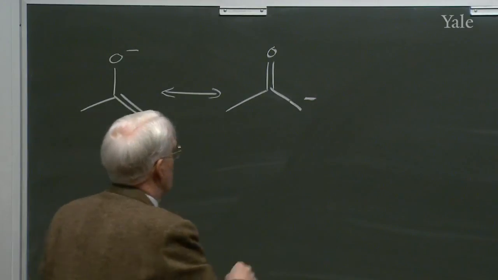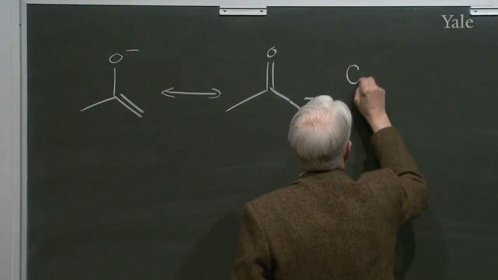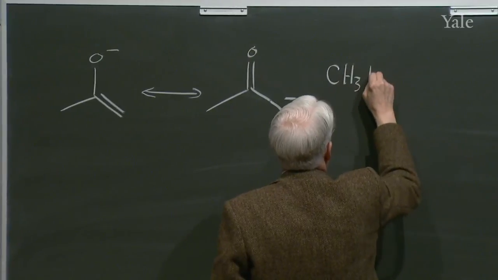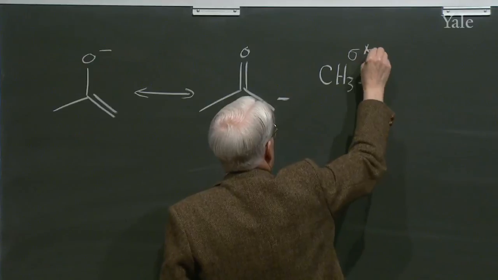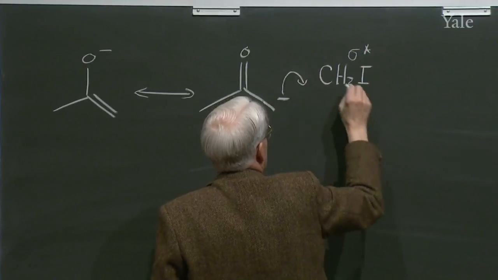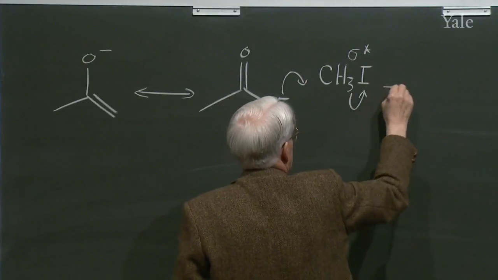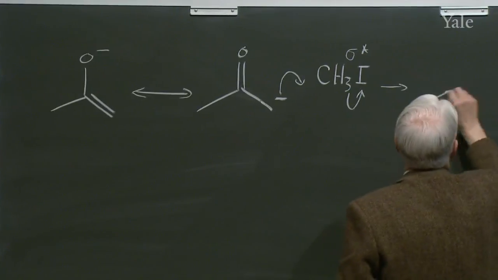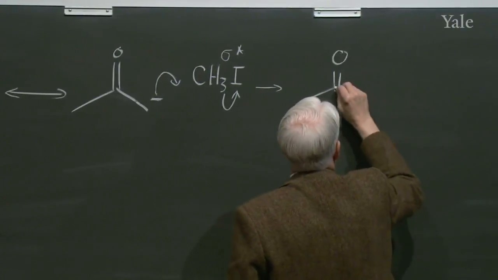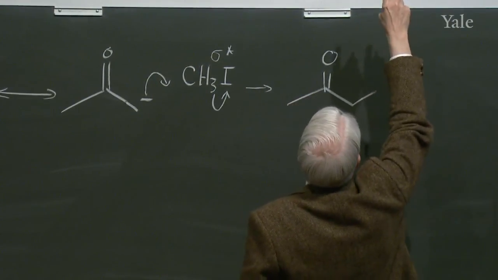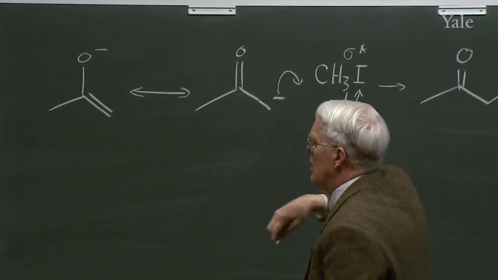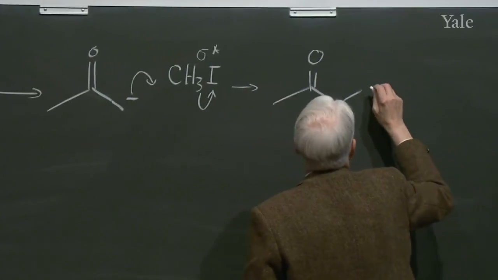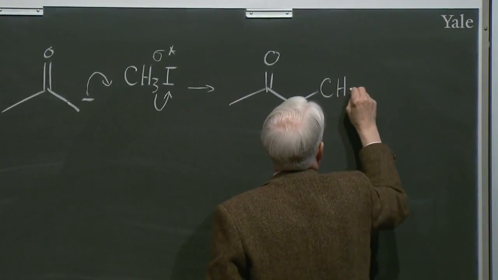And now this you react with something like methyl iodide. So an electrophilic carbon, sigma star. And you can make a new carbon-carbon bond, alpha. So the same way we could put bromine in alpha or hydrogen in alpha, we can put methyl in alpha.